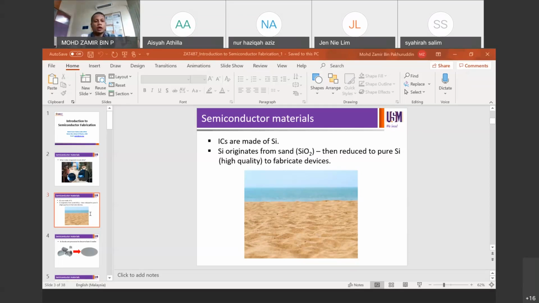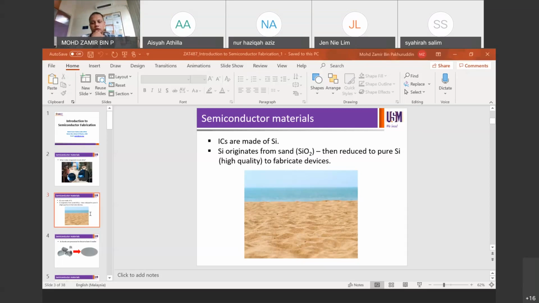Okay, so if you compare 9n versus 6n, mana lagi tinggi? Of course 9n lah kan. So what does it mean? Right? Good. 9n is higher, right, Farah?